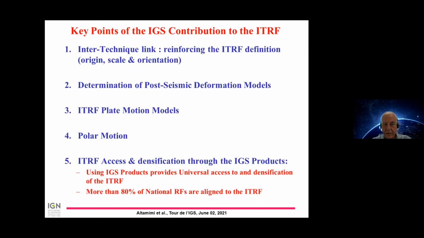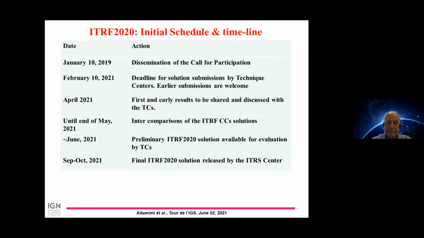And not the last but not the least, you need to know, and everyone knows now, that the IGS products provide a universal access to and densification of the ITRF. And just to mention that more than 80% of national reference frames are aligned to the ITRF, and that is thanks to the IGS products, which are fully compliant and aligned to the ITRF itself.